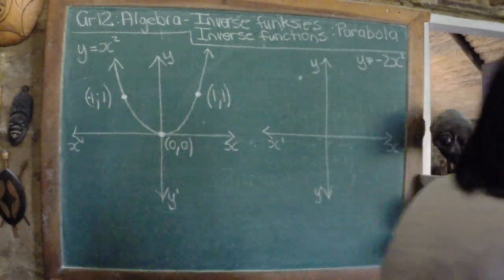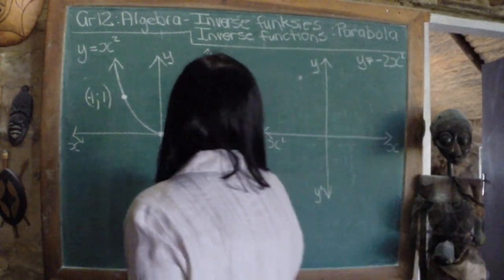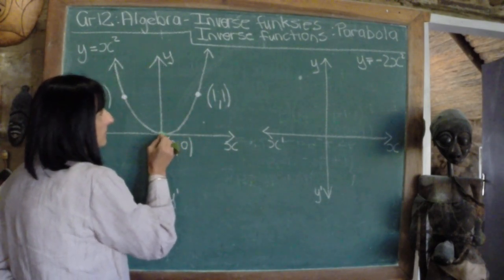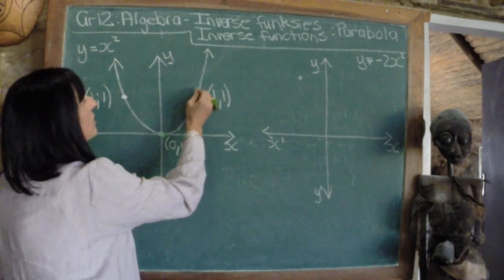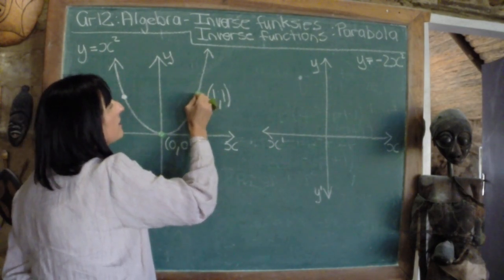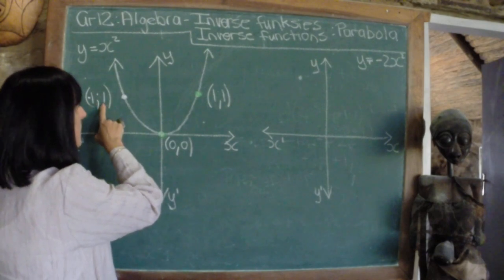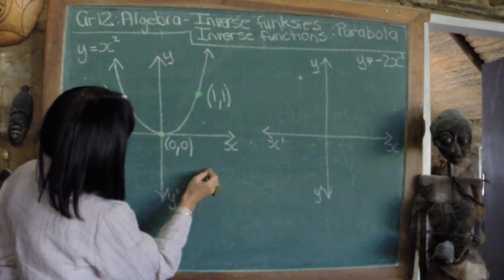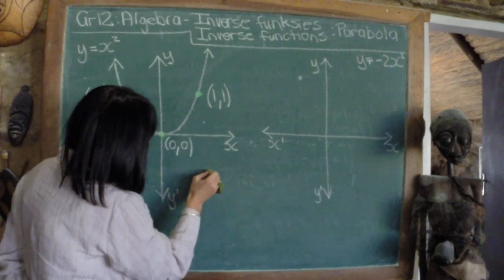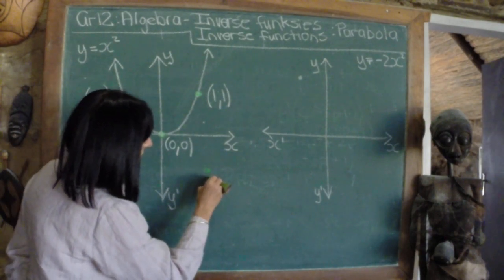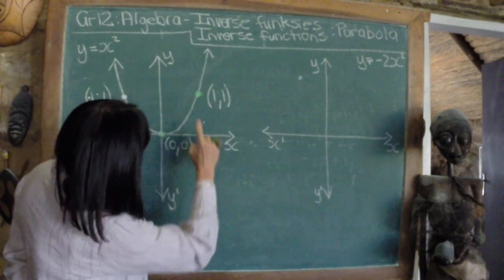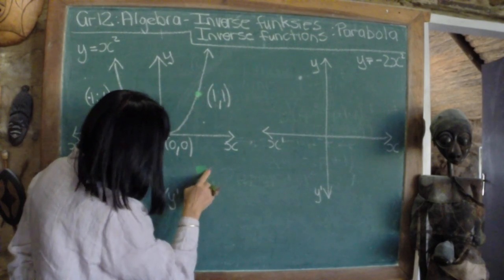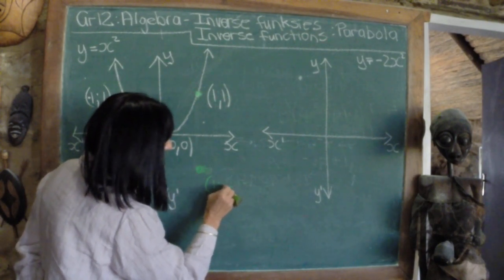So let's draw the inverse function. Now 0 0, if we switch that, it's going to stay 0 0. 1 1, as ek hom omswaai bly hy 1 1. Minus 1 1 word 1 minus 1. That's going to be the coordinate over there, approximately 1 and minus 1.